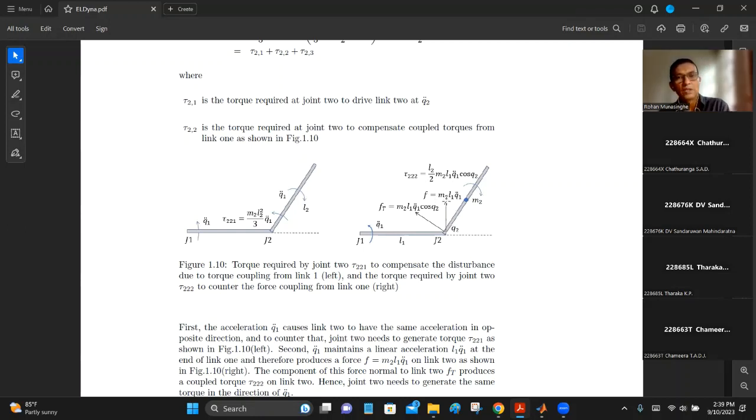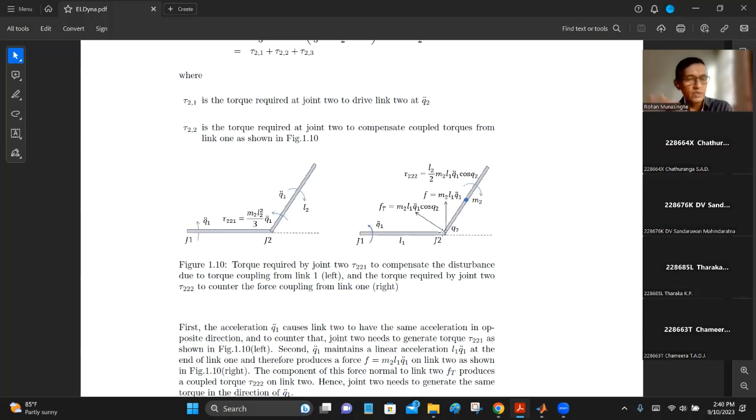Force is distance times acceleration times the mass. So therefore you get L1 Q1 double dot times M2, because the mass of the link is M2. So mass times acceleration, that is the force on link 1. This force is acting at the lower end of the link, and we resolve this force into two components, normal and along the link.